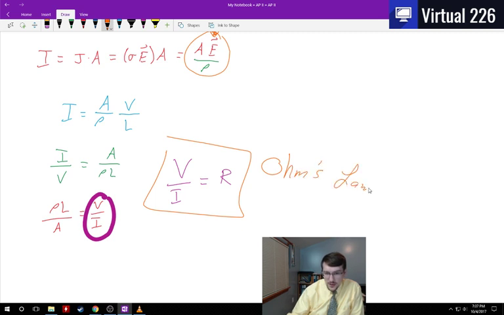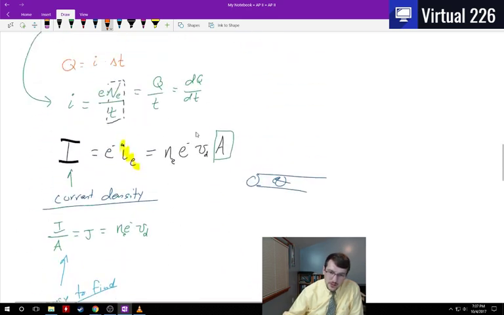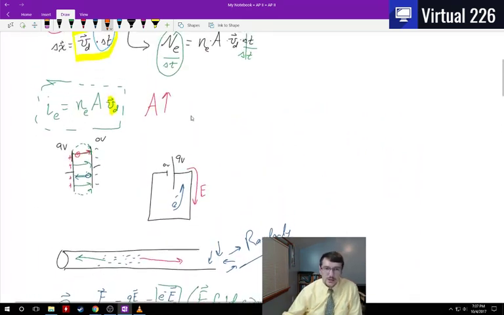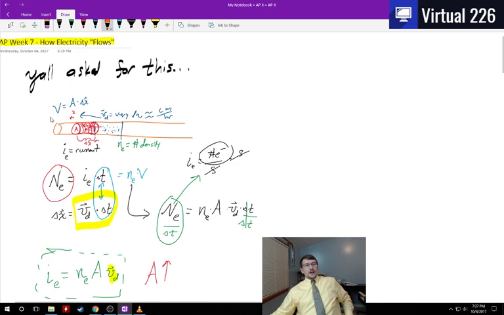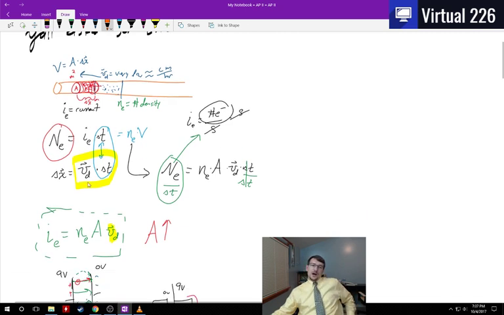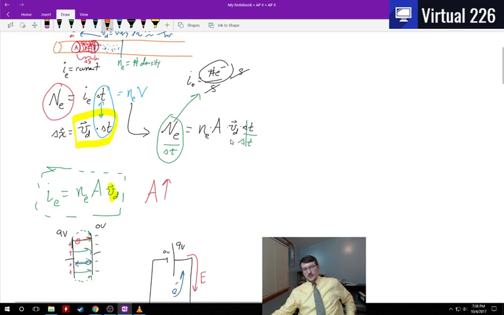This is Ohm's law. It came about because all the way at the beginning, y'all asked for this, we were thinking about how electrons were moving. What was the current of the electrons? How many did we get moving through some sort of surface in some amount of time? How fast were they moving? What was the density of that?